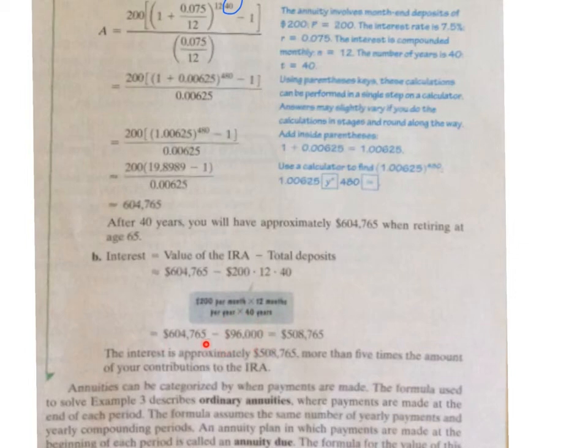However, with the IRA, that's a nice chunk of change. So you find the difference, and the interest, not too shabby, basically $500,000. And I believe that's it for this example.